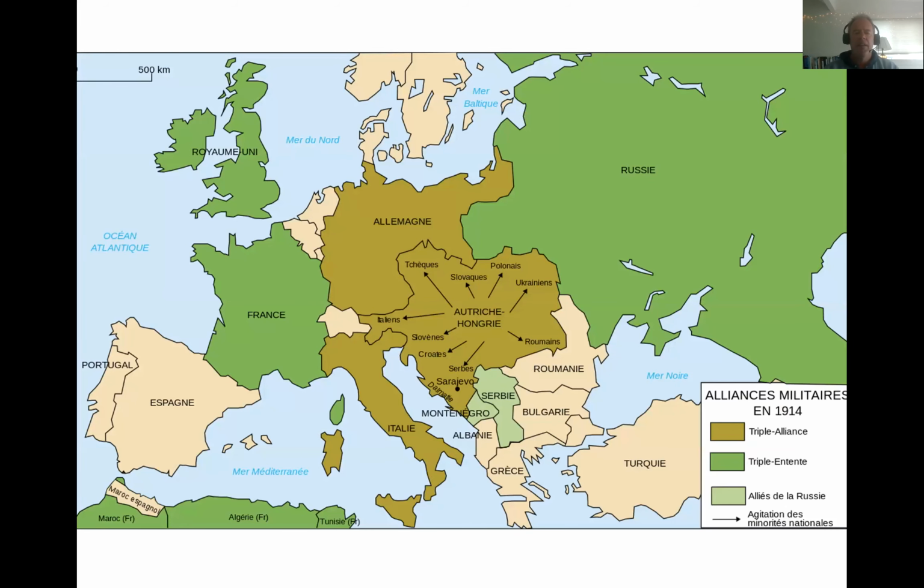And instead, between 1895 and 1914, 2 networks of alliances begin to develop in Europe. One, the Triple Alliance between Germany, Austria-Hungary, and Italy, and the second, the Triple Entente, which is a later forming alliance between France, Great Britain, and Russia.